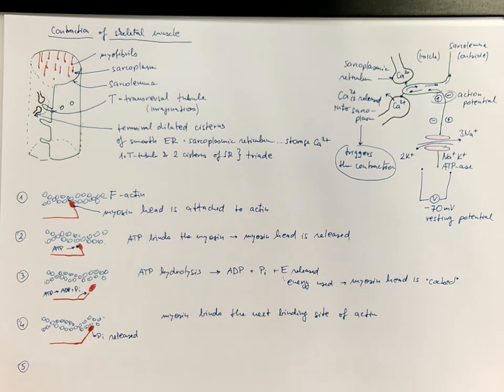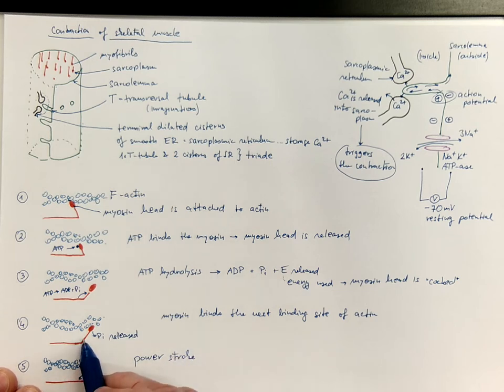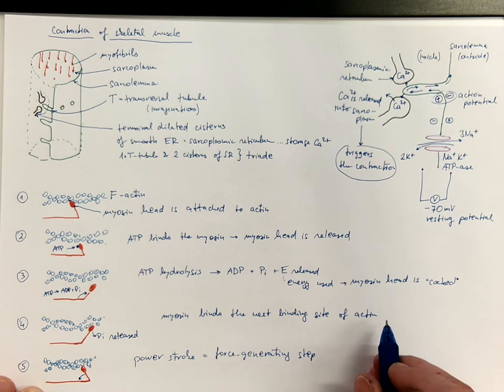And the fifth step uses the potential energy stored in this conformation of myosin, and this potential energy is used for the power stroke, where the potential energy stored here is transformed to mechanical energy, and it's the force generating step of the whole process.